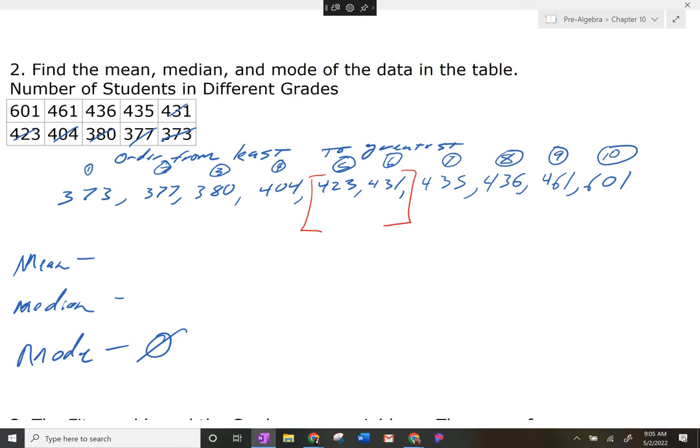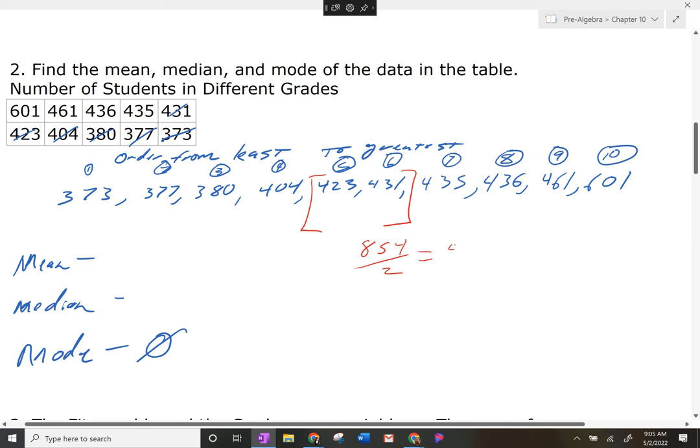So you added those together. You should have had 854 divided by 2. And then once you got done with that, you should have had 427. So your median should have been 427. That's the middle of all the numbers that you had to work with.